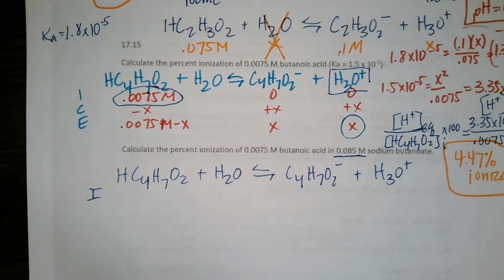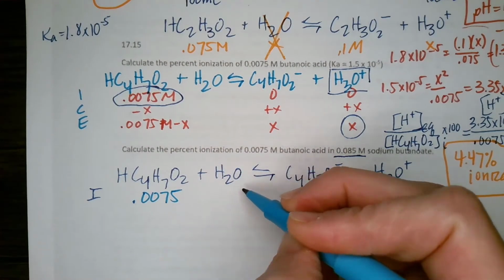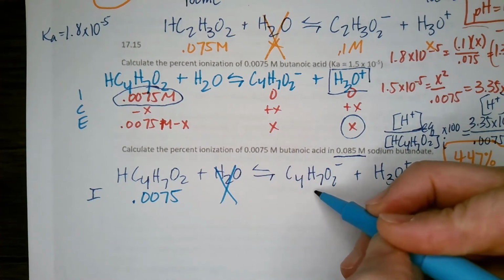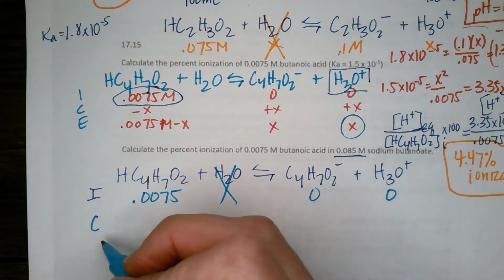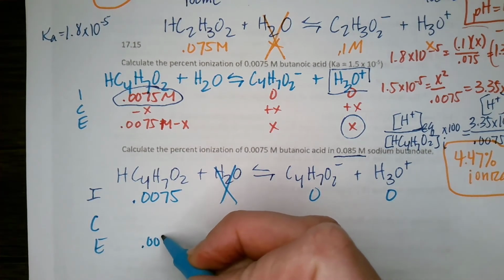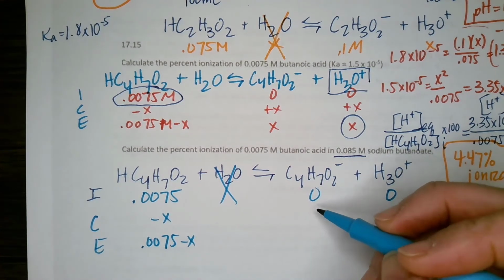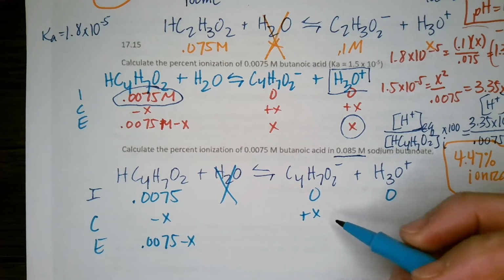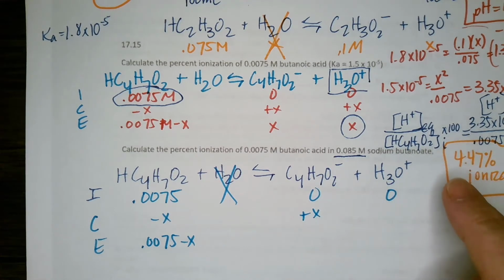We know that my initial is still the same, 0.0075, and again, we're not counting this. Zero, zero. My change, my equilibrium. So I'm going to have 0.0075 minus x, plus x.